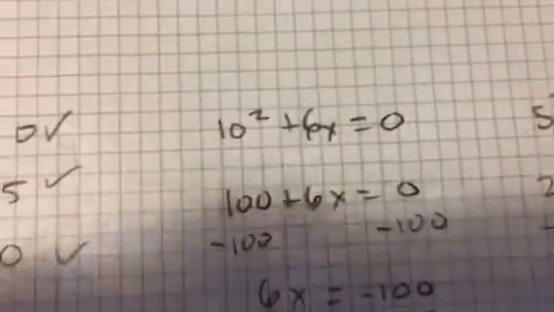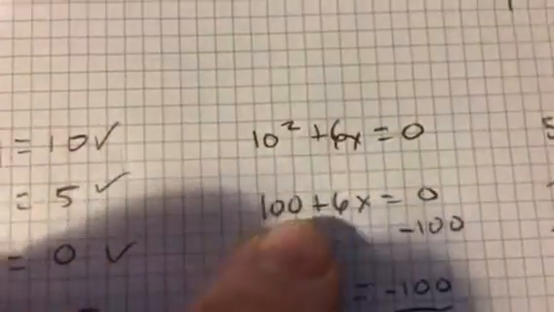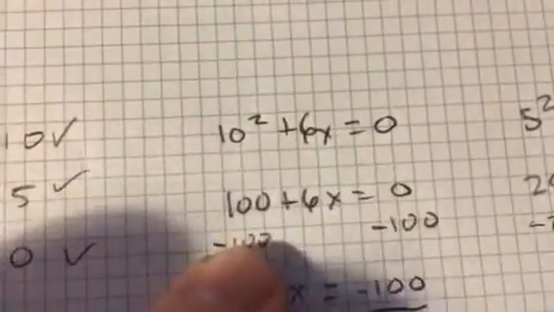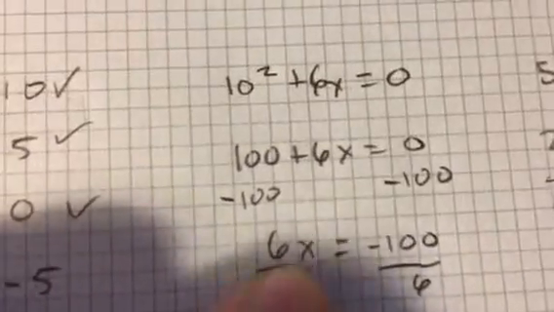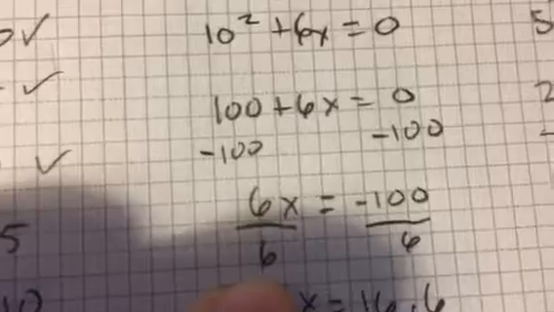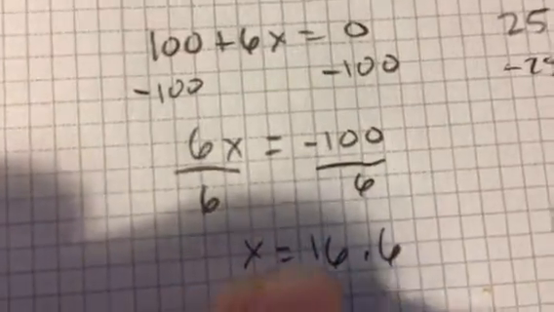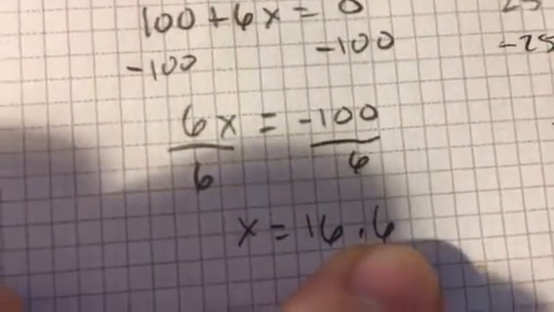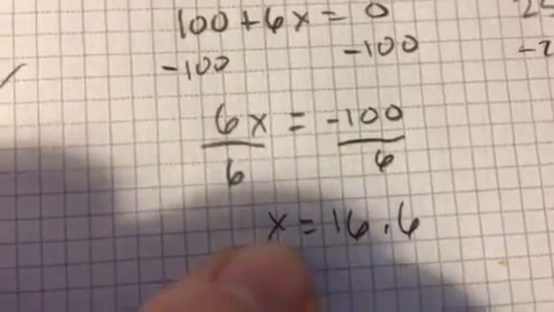So that's 100 plus 6x equals 0. Take away 100 on both sides, you get 6x equals -100. Divided by 6 on both sides, you get x equals -16.6. And so we're going to save that there.